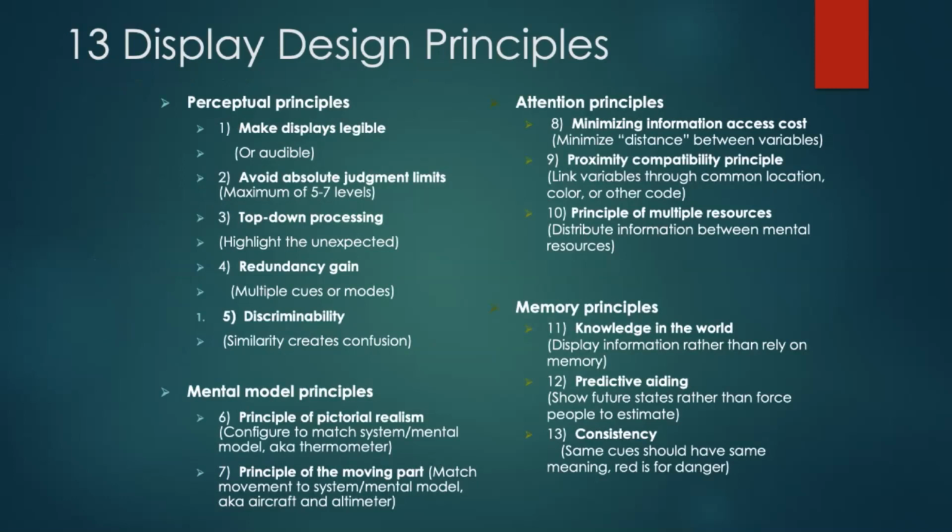But when we talk about these sorts of design principles, we want to think about perceptual principles, so the actual ability of your system to formulate a percept of what it's seeing. This will include things like making displays legible, avoiding absolute judgments. We'll talk about that. You also have mental model principles, and mental model is just referring to what's going on in your brain when you think about something.